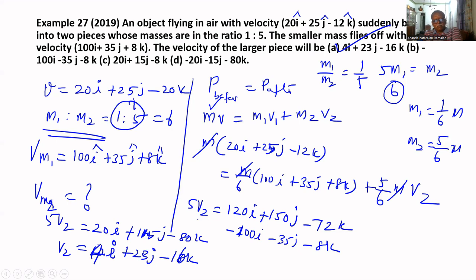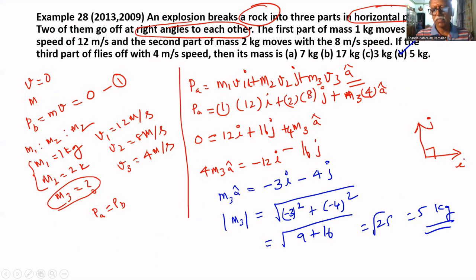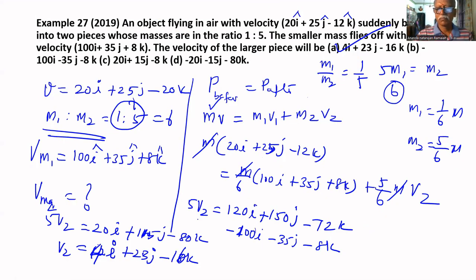Shall I move to next sum? Sir, yes. 5v2 is equal to 120i plus 150j.